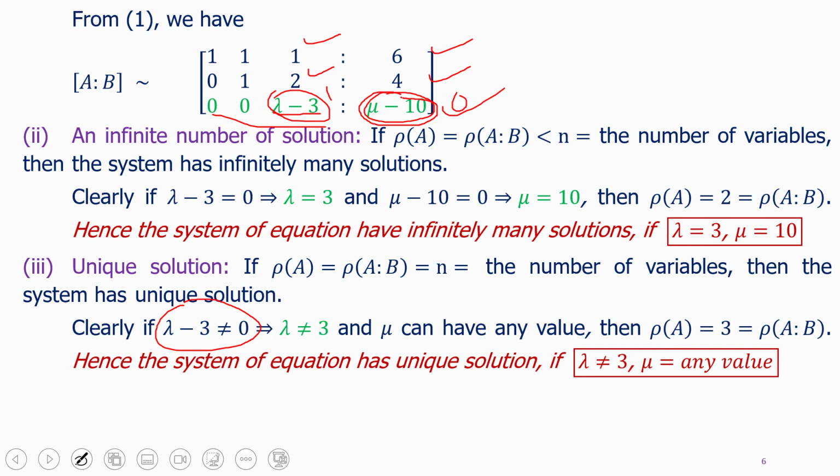Sometimes we make the mistake of requiring lambda minus 3 not equal to 0 and mu minus 10 also not equal to 0. But here the value of mu doesn't matter, because even if it is not equal to 0, ultimately the third row will be non-zero. Hence the system of equations has a unique solution if lambda is not equal to 3 and mu can have any value. It may be also 10.